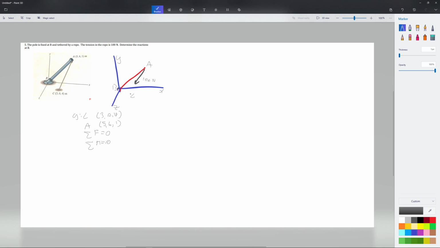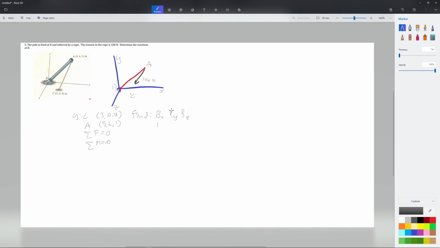Alright, so we're trying to find our reactions at B. And that is going to be 6 total reactions. You've got your Bx, By, and Bz, which will be our directional forces.